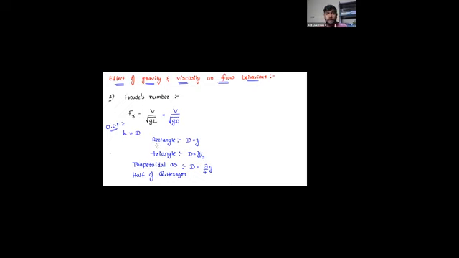So as the shape of the channel changes, Froude number changes. If I send the same discharge at the same velocity in a rectangle and a triangle, don't think the Froude number is the same, because in a rectangle D is y, in a triangle D is equal to y by 2. Okay. So now from this Froude number, based upon this, how are we going to classify the flow and depth.